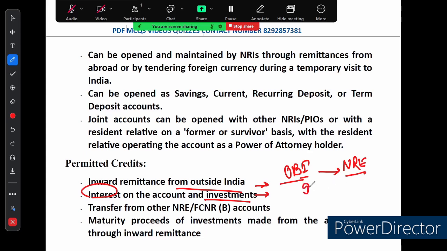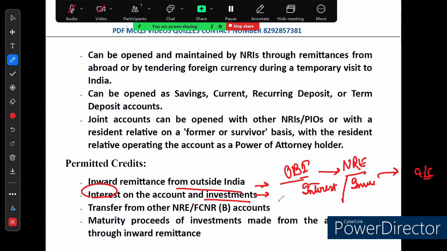Whatever interest you have earned on the deposit kept in an NRI account, and whatever earnings you have made from investment, that particular earning or interest can be credited back to the account. This helps your savings grow over time without any hassle.